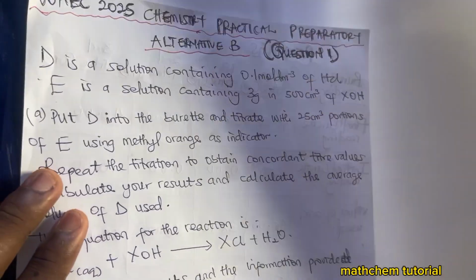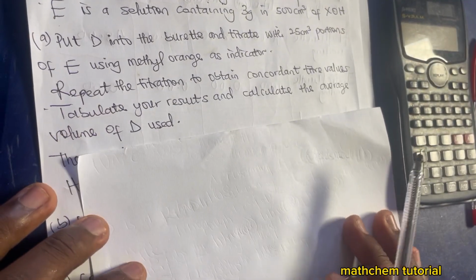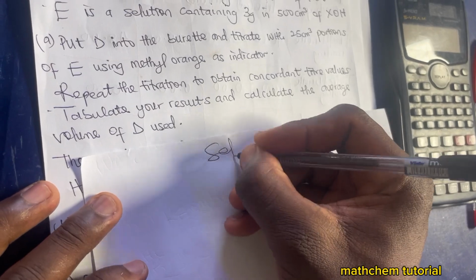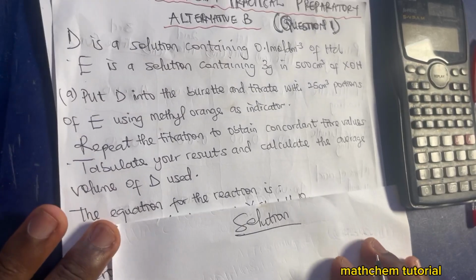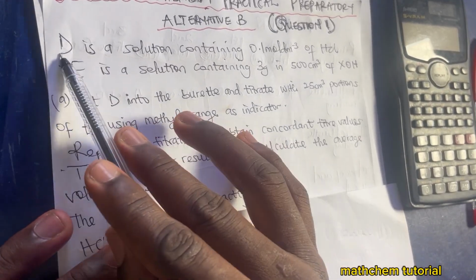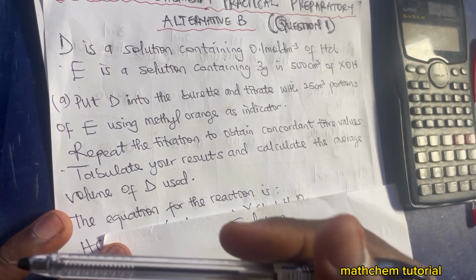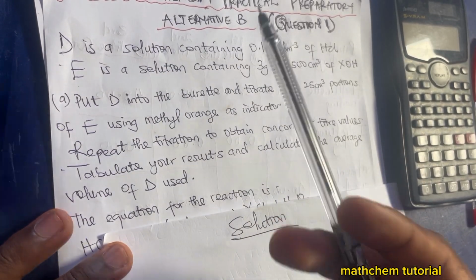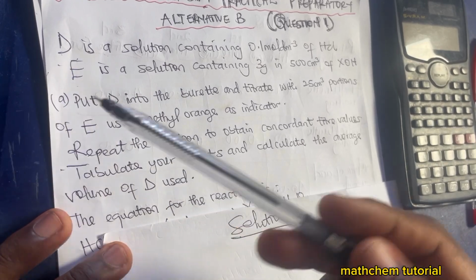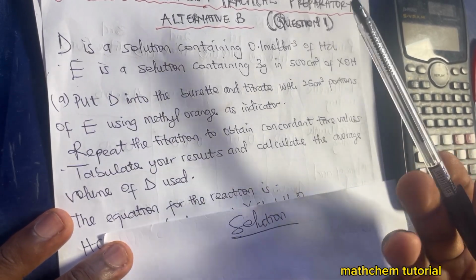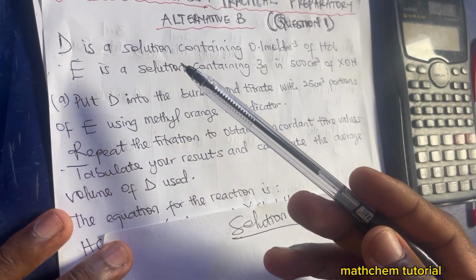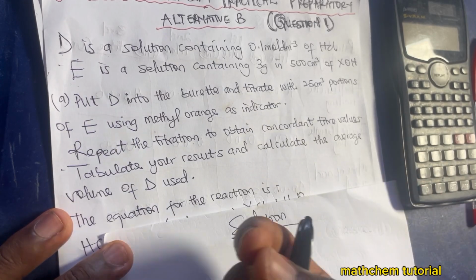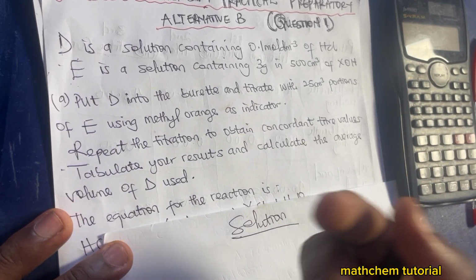I will be solving the solution here, as you can see. So let me write my solution here. Okay, so let's go with D is an acid. You understand? Because from the specimen they gave to teachers, it is D that is there as the sample, which is the HCl. D is there, and E is a base.